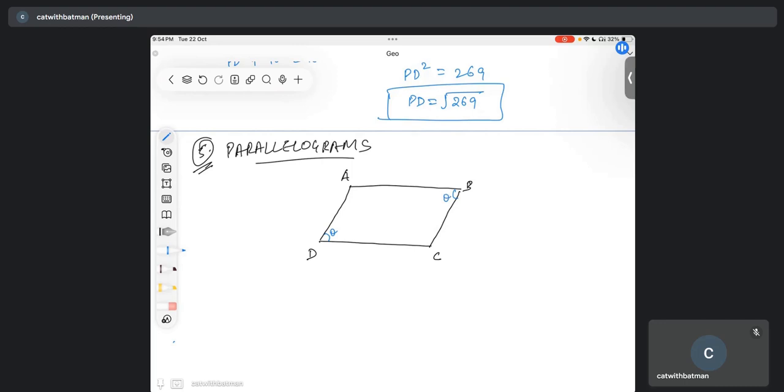If this is theta, and this is 180 minus theta, and this is 180 minus theta. So adjacent angles are complementary to each other. Also, AB is parallel to CD and AD is parallel to BC. And that is how your parallelogram looks.